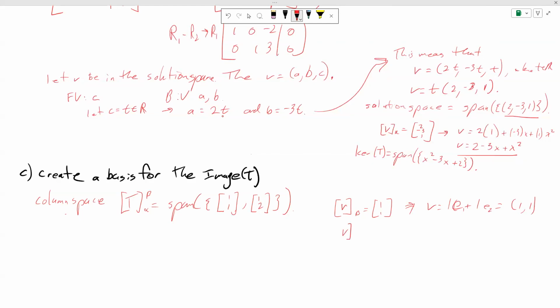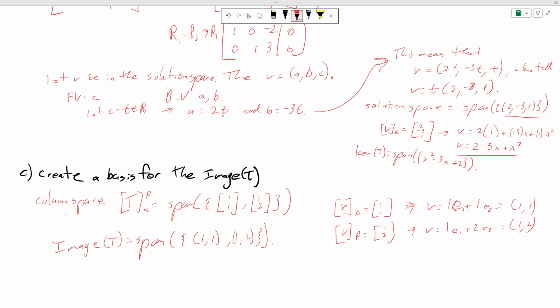And if v beta equals the vector (1, 2), this implies that v equals 1 e1 plus 2 e2, or equals (1, 2). Well, this gives me that the image of T equals the span of the set {(1, 1), (1, 2)}.